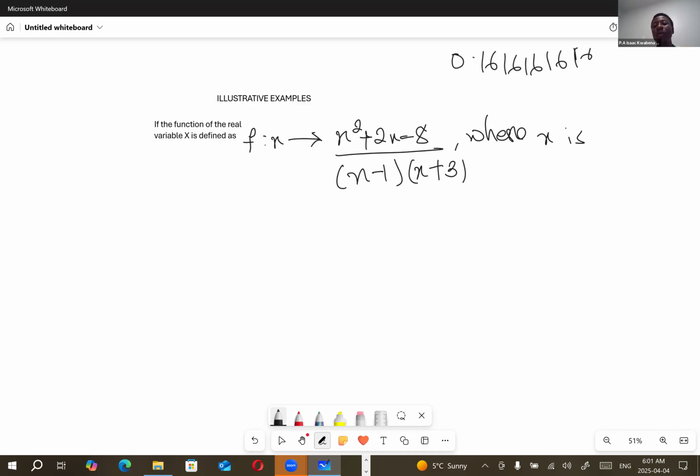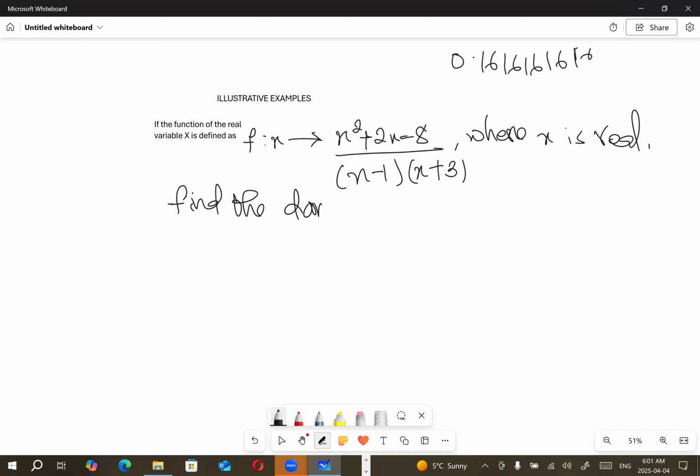And I believe you know what it means, right? Where x is real means what? It means a real number. A real number, yeah. So find the domain of f.